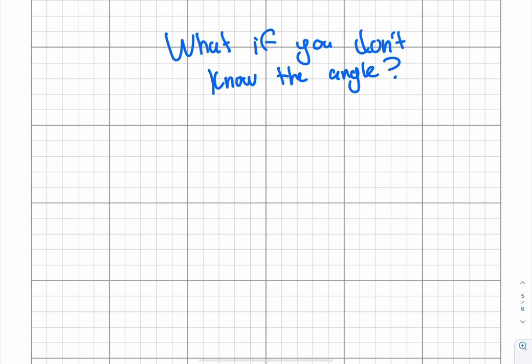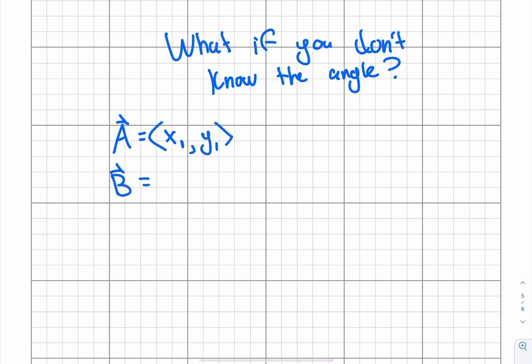Now, what if you don't know the angle between the two vectors? Well, there is another way to calculate the dot product using just the values of the vector. Let's say vector a is equal to x1, y1.